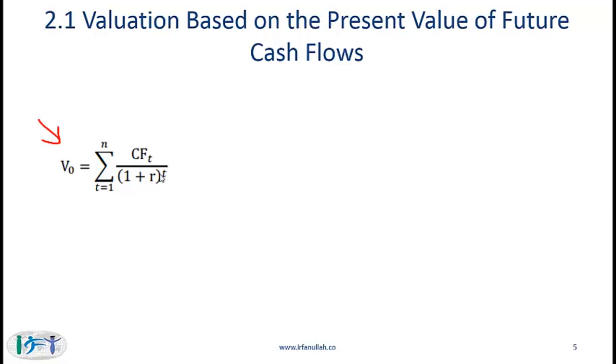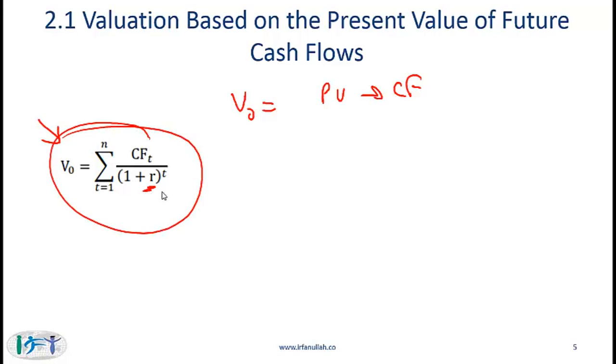If you think of any financial asset, the value of that financial asset at time 0 is the present value of the cash flows that will be generated from that asset, discounted at a particular rate which represents the riskiness of the cash flows. And that is all that is being stated over here.